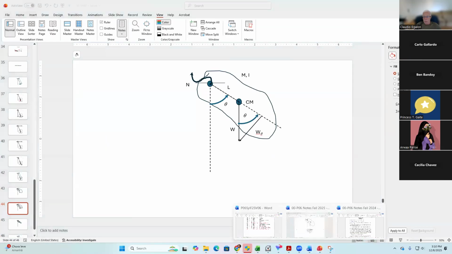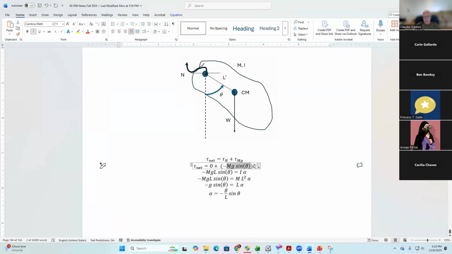And that's what I have right here. Theta component of the weight, times L.